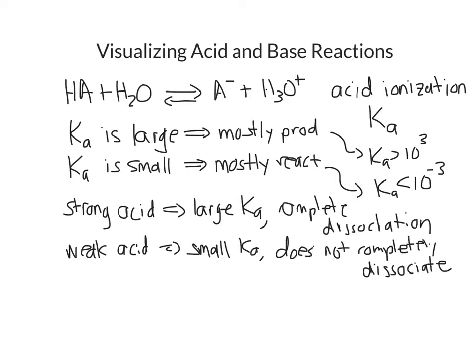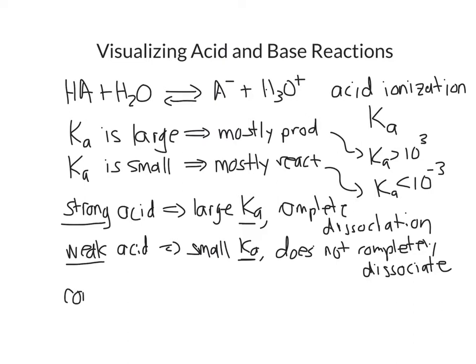It's important to note that strong and weak acids are defined by the value of their equilibrium constants and not the concentration of acid that we put into solution. When we have a highly concentrated acid in solution, we say that it is concentrated.